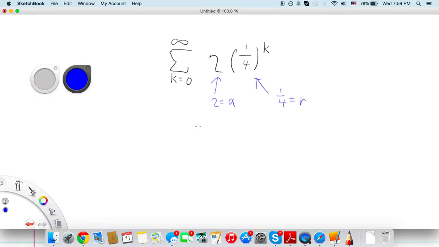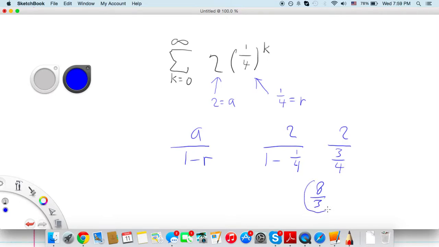And that sum will be a over 1 minus r, or 2 over 1 minus 1/4, which is just 2 over 3/4, or 8 over 3. So 8 over 3 is the sum of this geometric series. If we keep adding up infinitely many terms, then the sum will be 8 over 3.